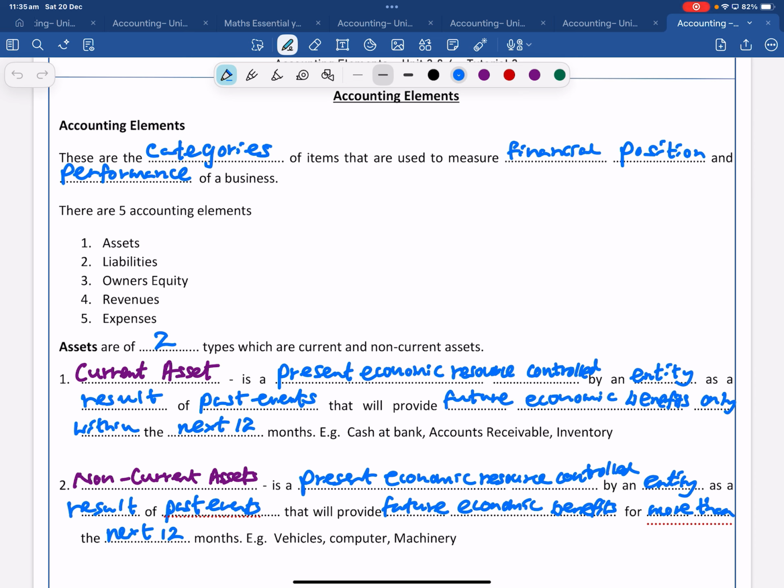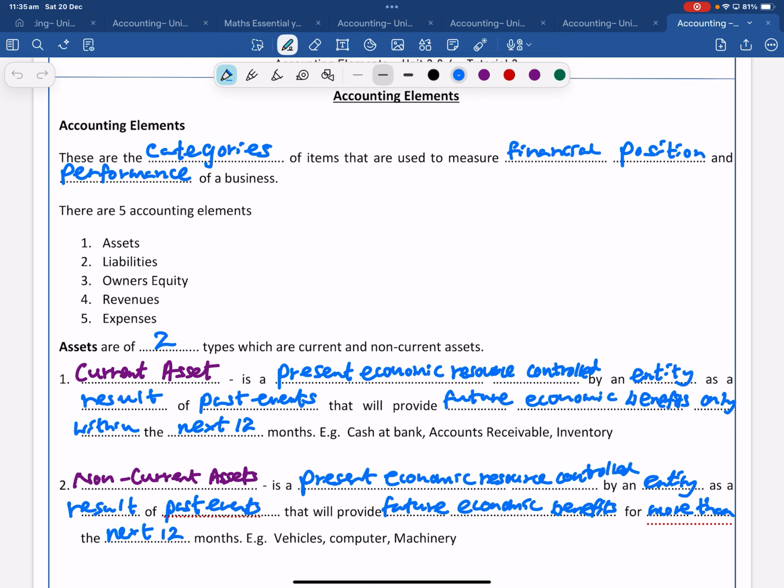And assets, we will have 2 types, or we can subdivide into 2 types. Current means like short-term assets, like maybe your pencils, money, or food, but not in the business really. But if it was a grocery, supermarket, yeah, inventory usually is current within 12 months.